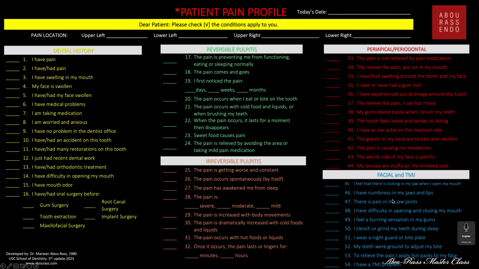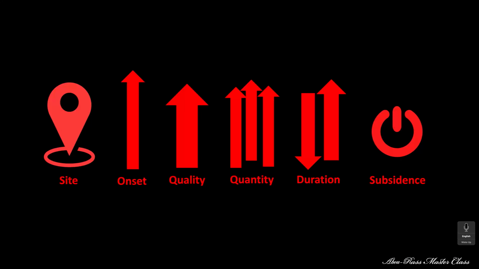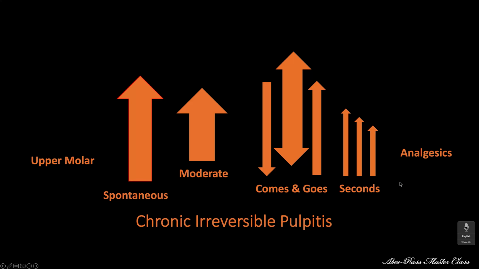This is just to guide you where you see the patient clusters. Again, every time we have pain, every time we have a reaction from the patient, there should be some criteria: the site, the onset, the quality, the quantity, the duration, and the subsidence. Again, I'm not going to go into details, but this is basic endodontic diagnosis.